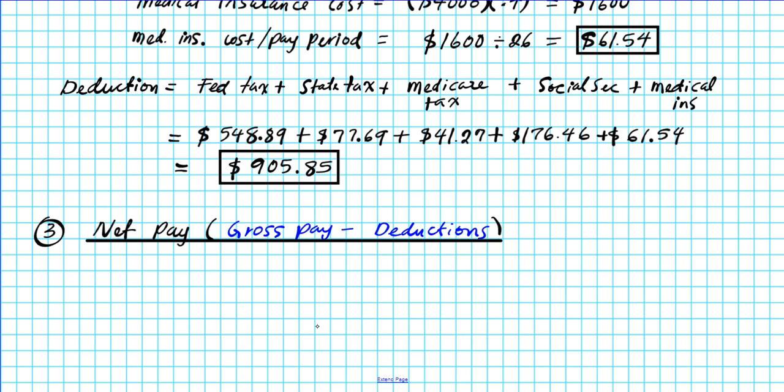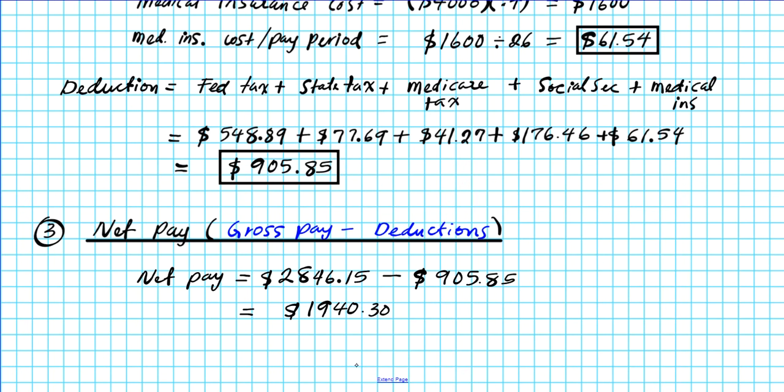Okay, so her net pay is going to be her gross pay, which is $2,846.15, minus her deductions, which is a total of $905.85. If you compute the difference, you end up with $1,940.30. This is how much Maria gets to take home every 2 weeks as her net pay.